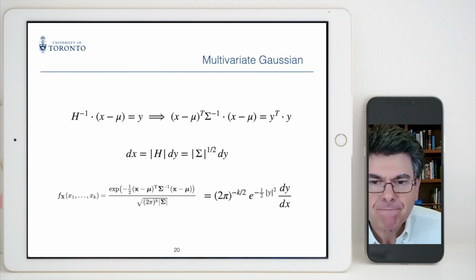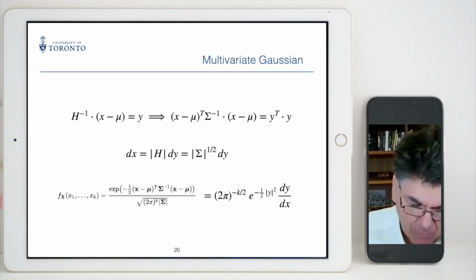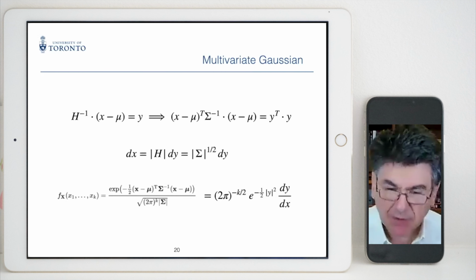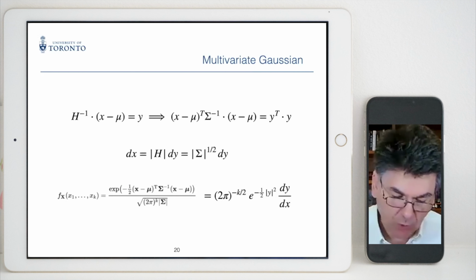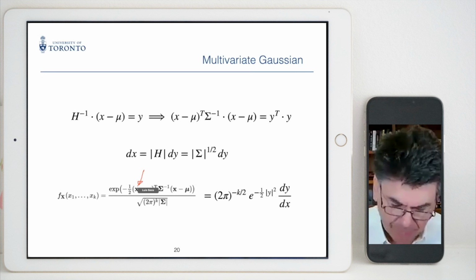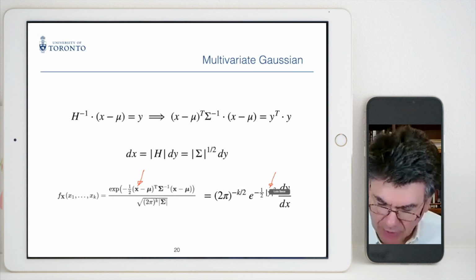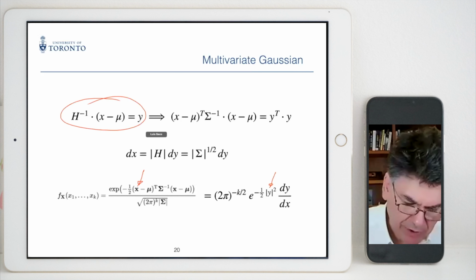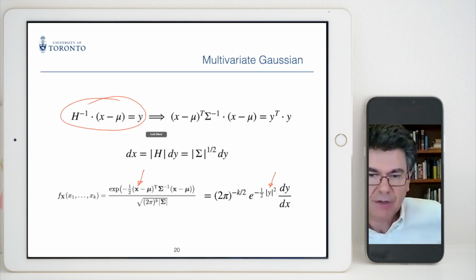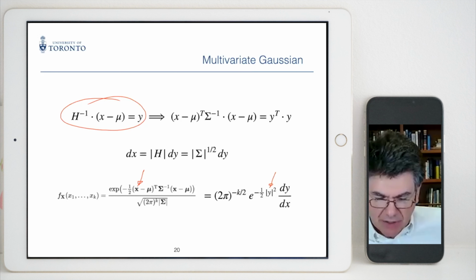When I have my Cholesky decomposition, the way I transform my correlated space into the uncorrelated space is through the Cholesky decomposition. You have it right here. There are lots of expressions, lots of formulas here. No need to go through all of that.